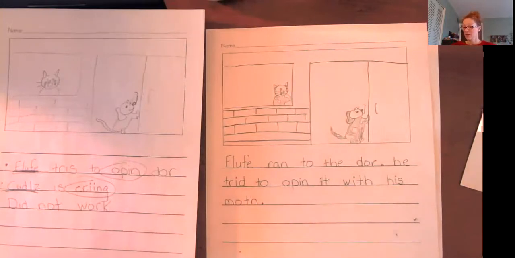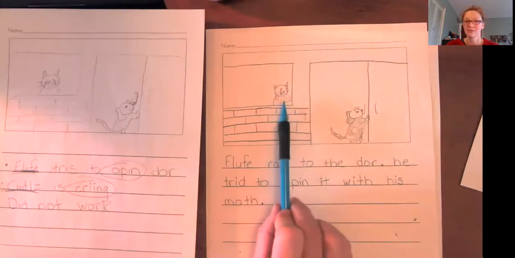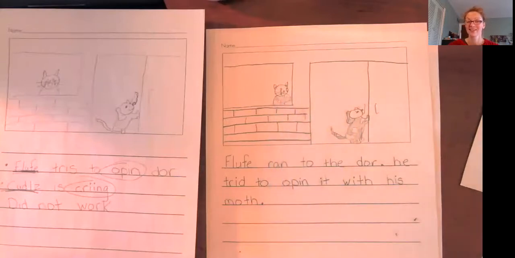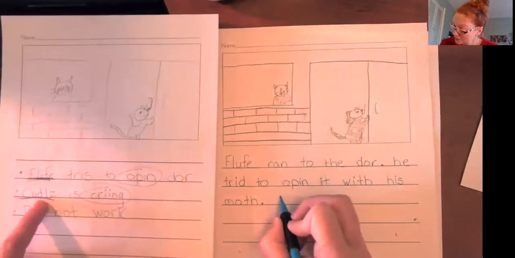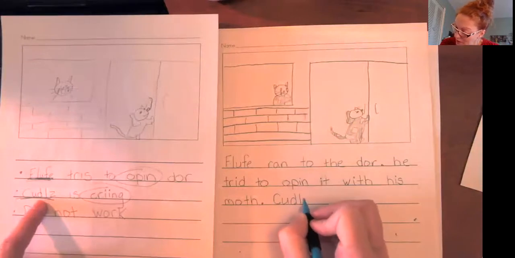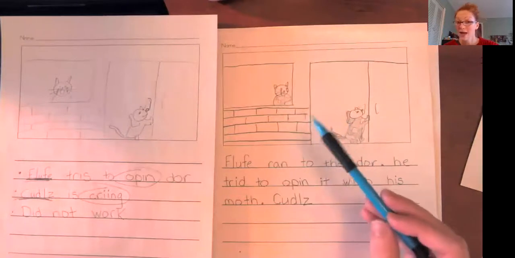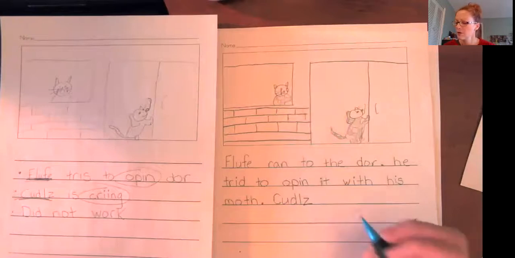So then what did we talk about Cuddles? What did Cuddles do? What was the action, the verb that Cuddles did? Cuddles watched and cried. Yeah, so Cuddles, what did Cuddles do? Watched and cried, right? Or cried and watched? Watched and cried.